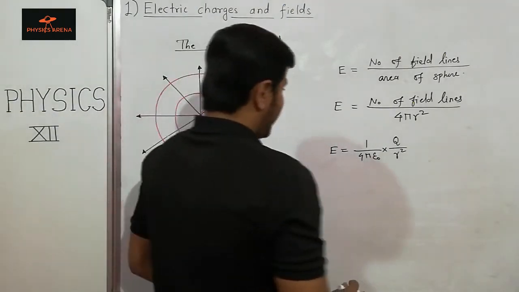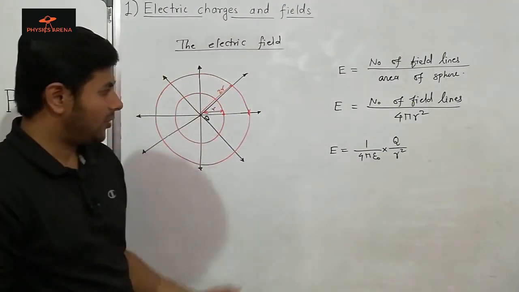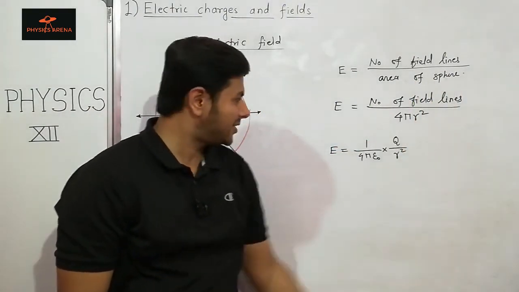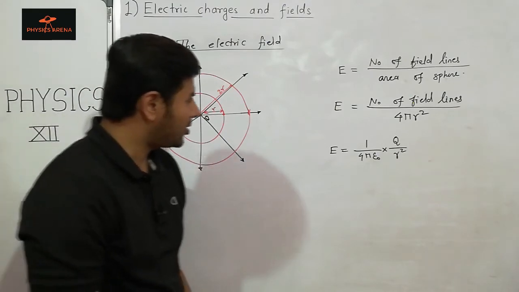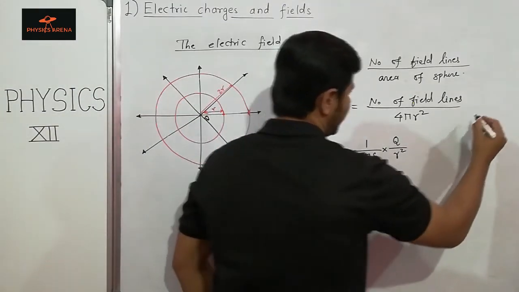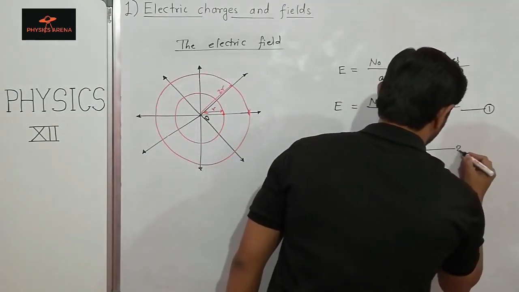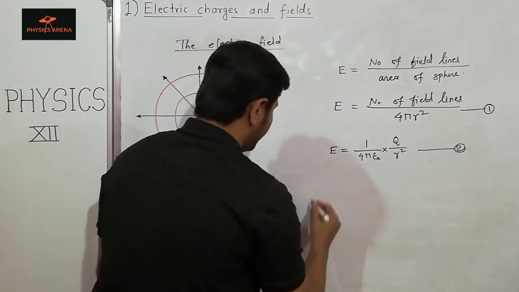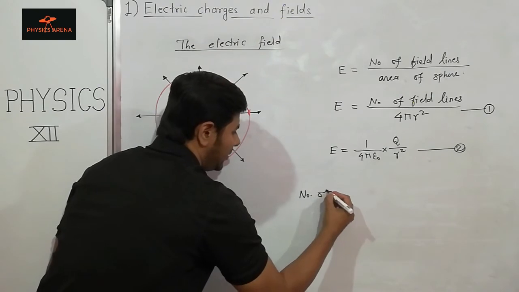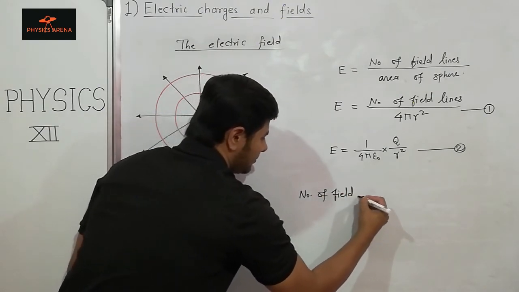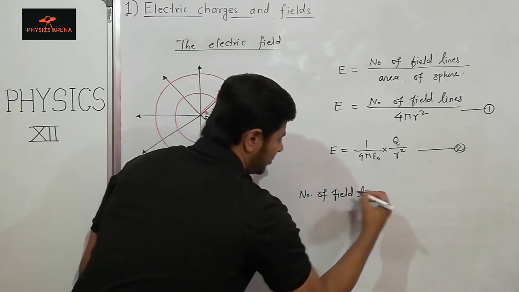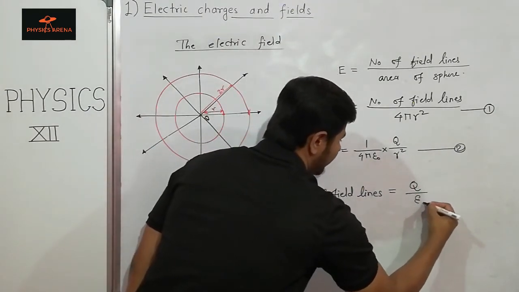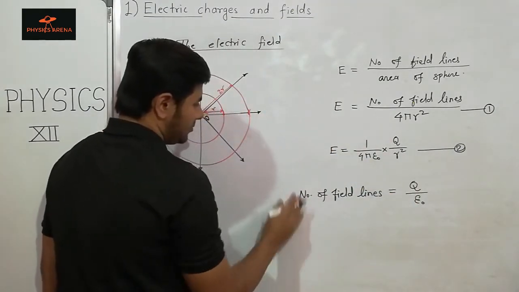Okay, and now we can settle this issue of drawing the number of electric field lines once and for all if we just equate these two equations, equation 1 and 2. Then we'll get the number of field lines we have to draw will be equal to q divided by epsilon naught.